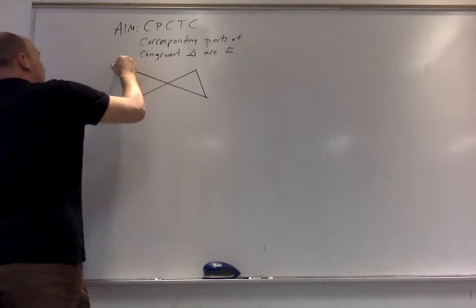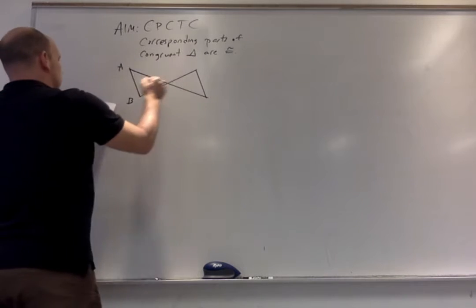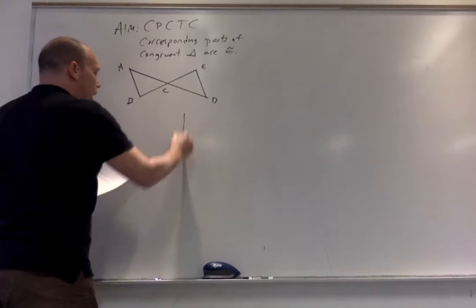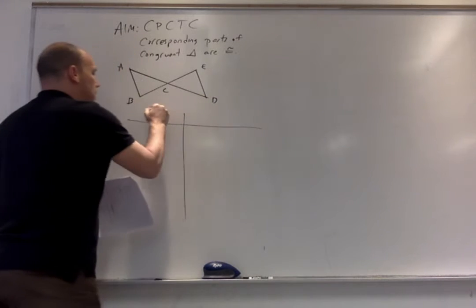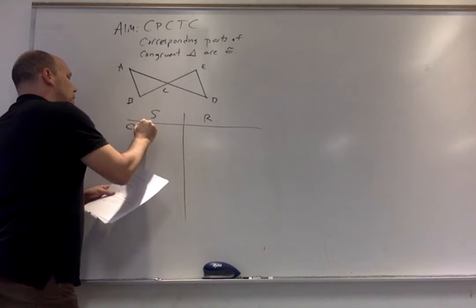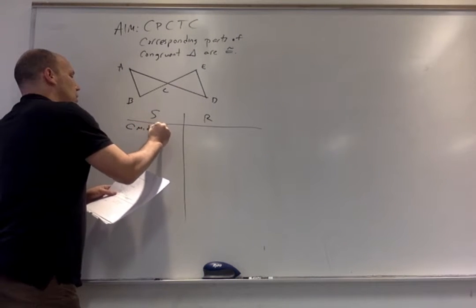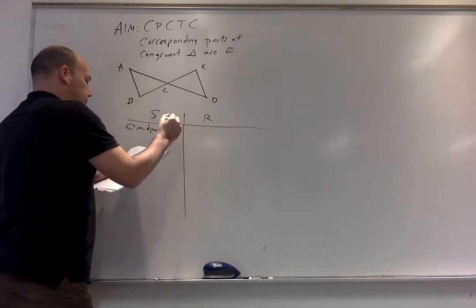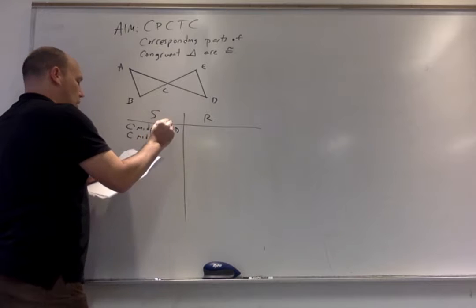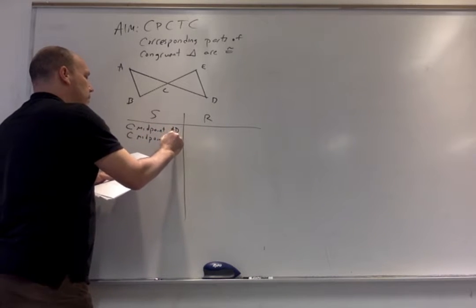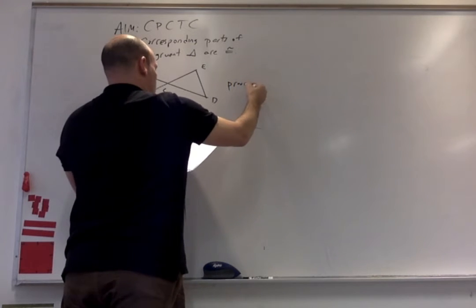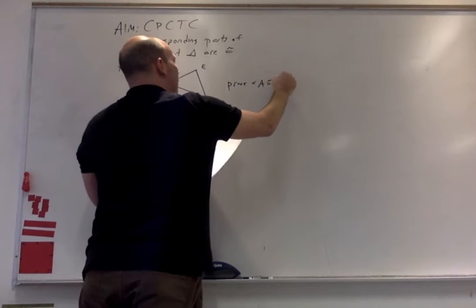And so we have A, B, C, E, D. I'm going to make a statement and reason table, and we're told that C is the midpoint of AD. We're also told that C is the midpoint of EB, and we want to prove that angle A is congruent to angle D.